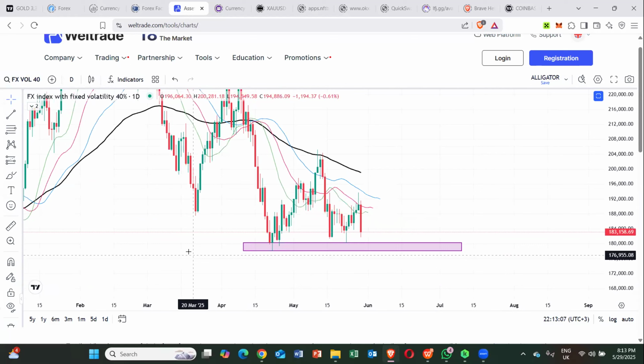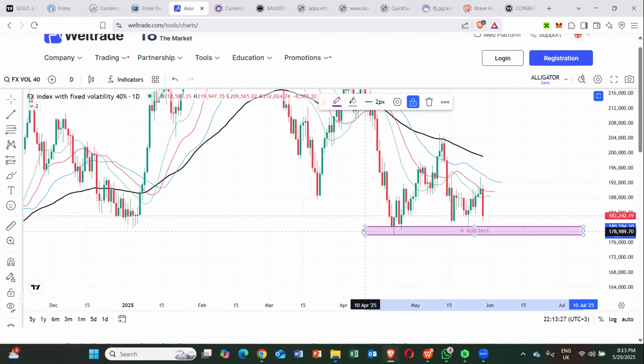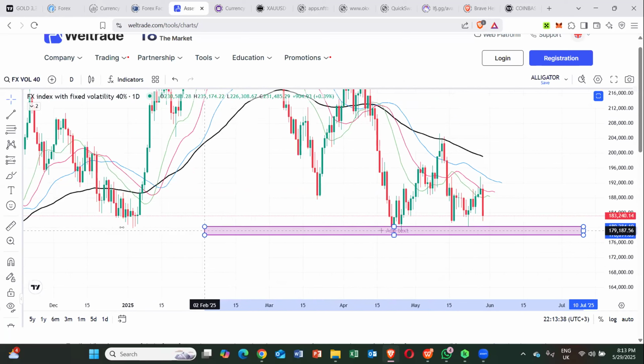So you want to mark wherever the market comes to and bounces, especially when it has bounced in that place 2 or 3 times. You want to make sure that that place is recognized. Why do you mark the place? You want to mark it to see the kind of reaction that will happen whenever your market comes there again.